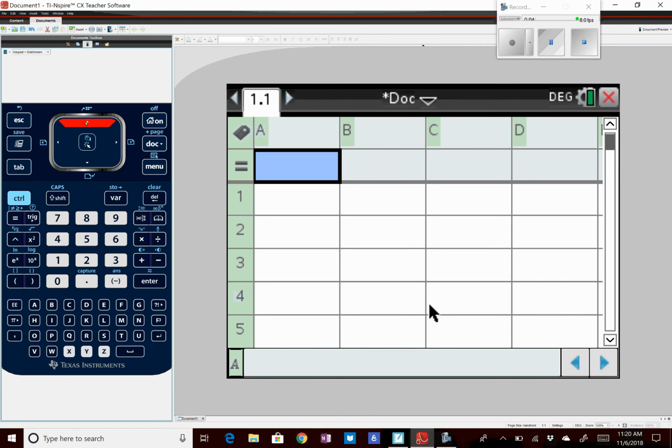Okay, so we'll start again, labeling the columns X and Y. So our X coordinates were 0, 1, and -1. And our Y coordinates are 0, -2, and -4.